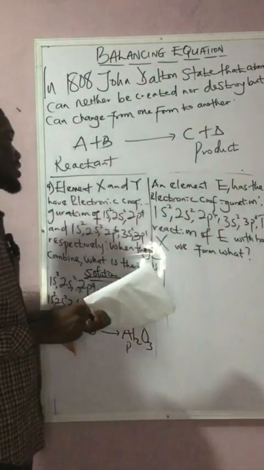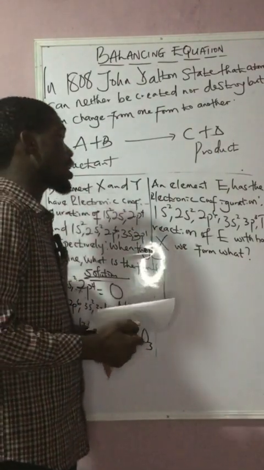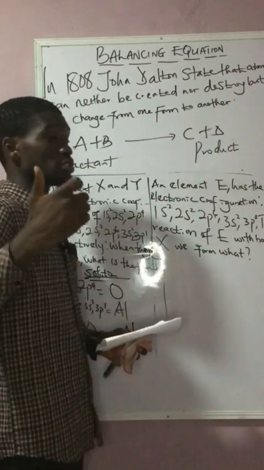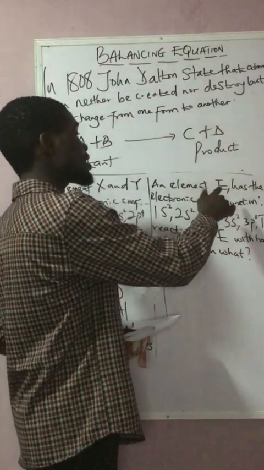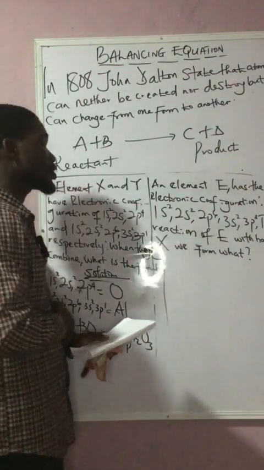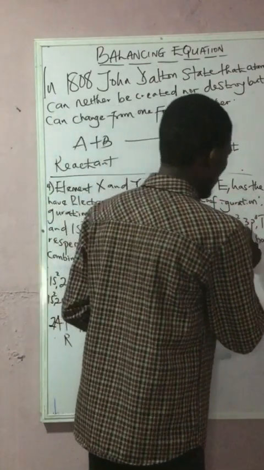So class, JAMBites out there, with this kind of question, the majority of the students will be like, I cannot solve this. You can. Look at this now. They said an element E has the electronic configuration 1s2, 2s2, 2p6, 3s2, 3p3.